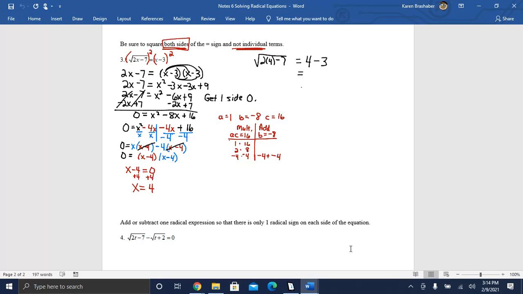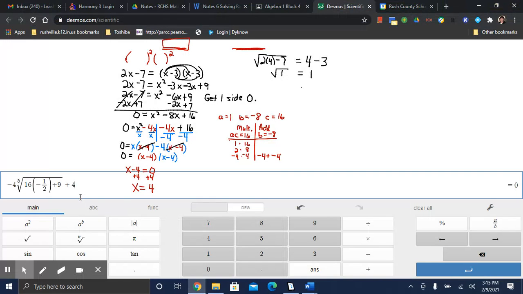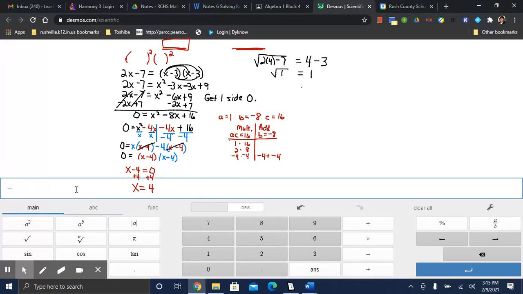This is going to give me the square root of 1, because I get the square root of 8 minus 7, and so that's the square root of 1, and I have to check to see if that equals 1. And if you're not sure, that's fine. Use your calculator. You can even go back a step if you needed to.